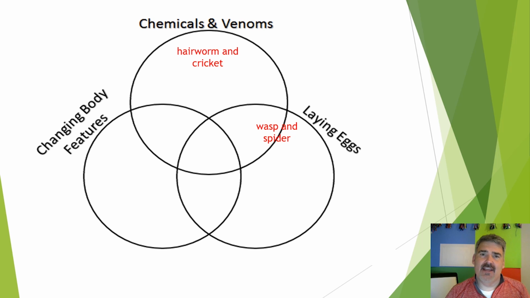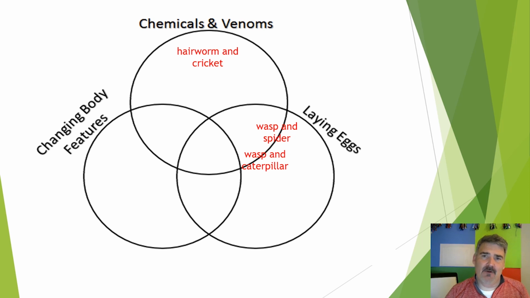What I noted from the parasitic relationship between the wasp and the caterpillar, I think it goes in the same place that we wrote earlier, the one that overlaps chemicals and venoms and laying eggs. Here is why I added this. The parasitic wasp lays eggs in the caterpillar, and then after the eggs hatch, some stay to pull the strings or to make it protect the cocoon.